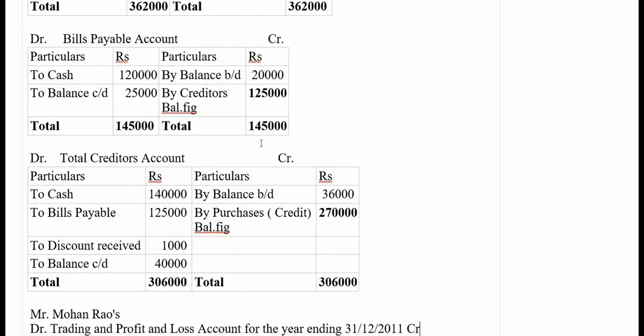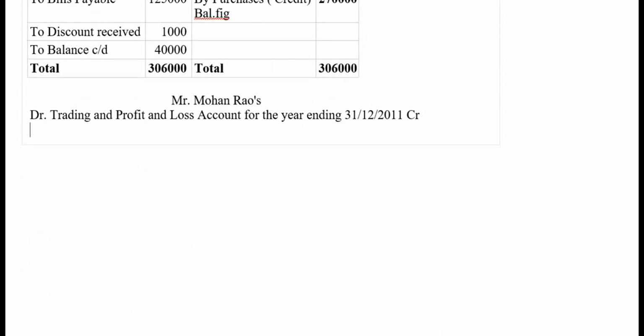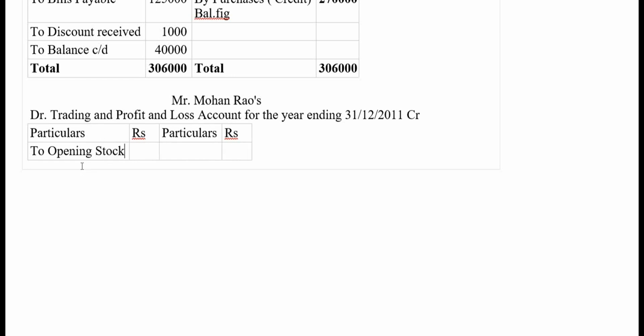Let me take it in the center here. Let me insert the table here. Particulars, rupees. To opening stock, which is given in the problem as rupees 70,000.